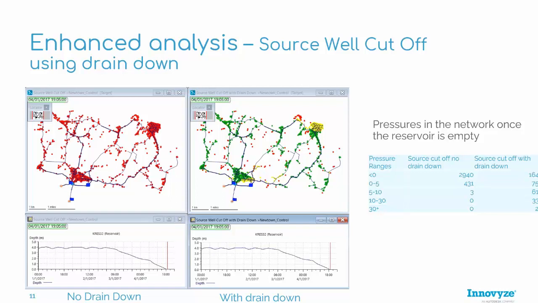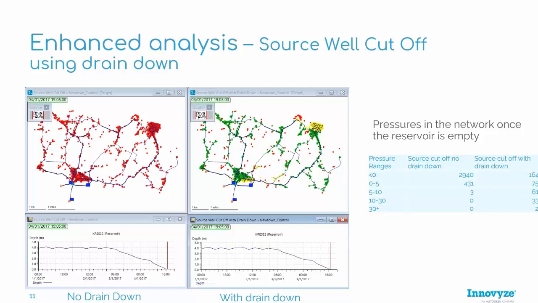So we have on the left-hand side without the drain down functionality of InfoWorks WS Pro, where as soon as the well is shut off at 7:05, all the customers are red and they are all below 0 meters pressure. So we have 2,940 below 0.